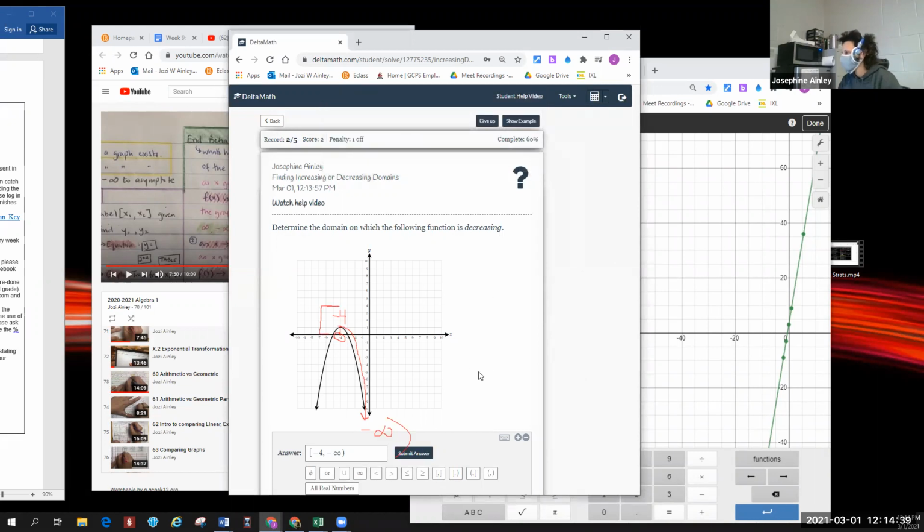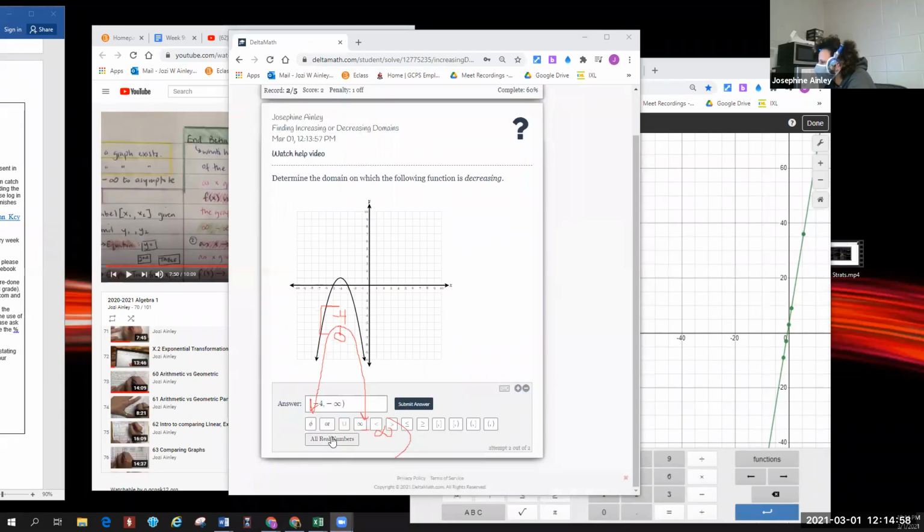Oh, my answer was not correct. So let me see, what did I make? Domain where it's decreasing. Oh, I am tripping, y'all. It's obviously -4. Is this also decreasing here? So it's all real numbers. Let me answer it first and then see.